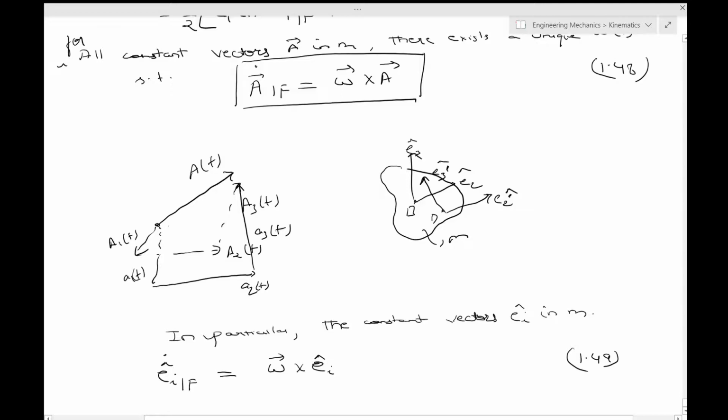Okay, since A could have been any vector, so let it be e_i. Okay, and e_i dot with respect to f will be equal to omega cross e_i. This is also something which is very important and very useful.